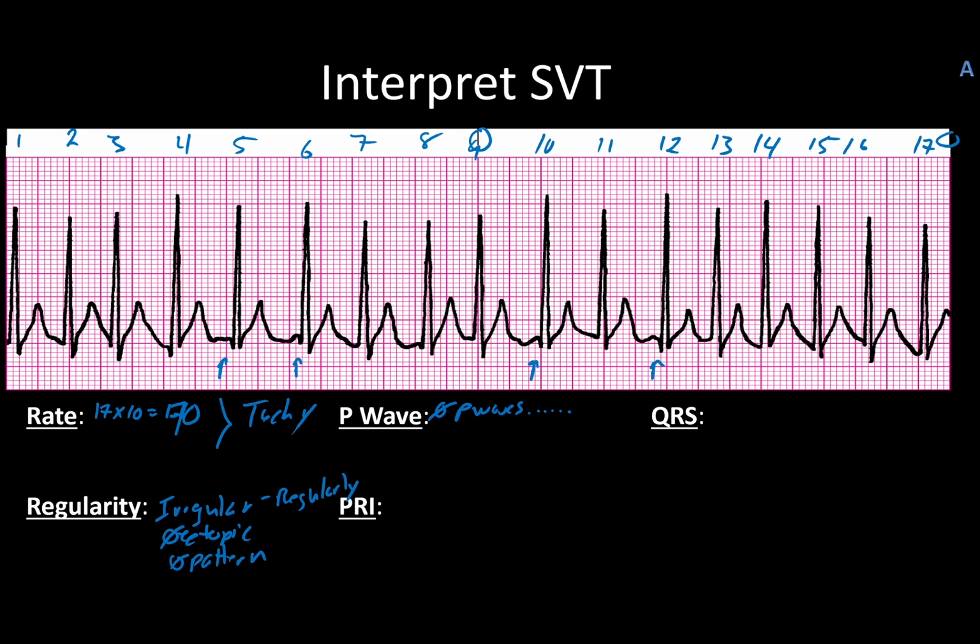There's just kind of some undulation. And so in looking at how irregular it is and the fact that there's nothing that really consistently looks like a P wave, I'm going to stick with saying that there's none that we can reliably say are P waves that are responsible for generating these QRSs. And so to that point, we have no PRI.